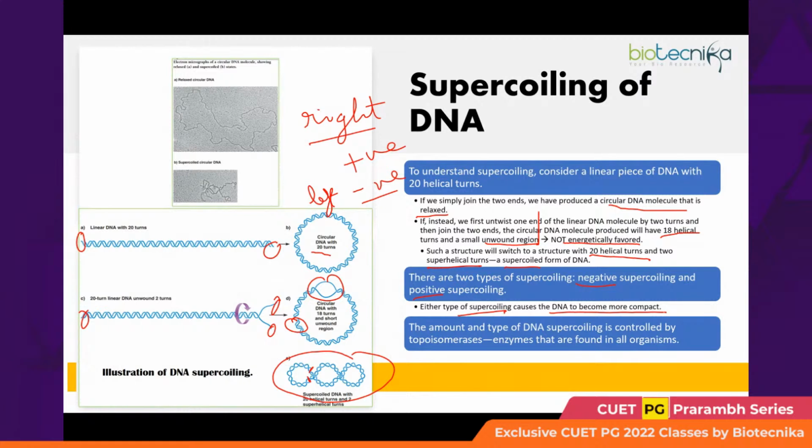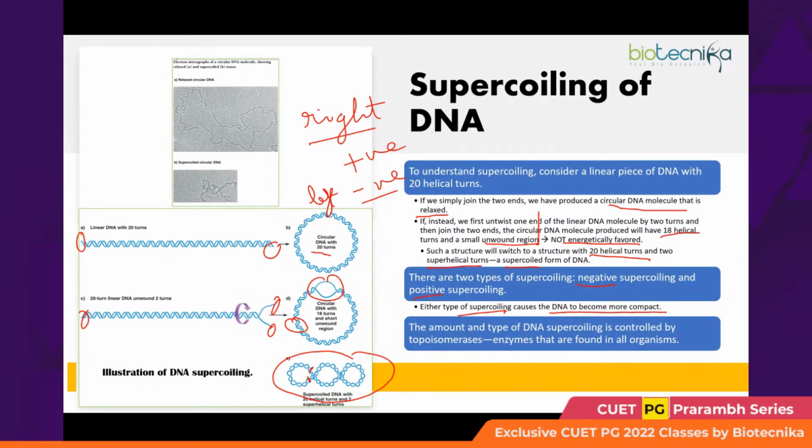So don't think that if it is positive supercoiling then it is compact, and if it is negative supercoiling then it will become relaxed. Whichever supercoiling it is, positive or negative, it will result in compaction. It will make the DNA more compact.